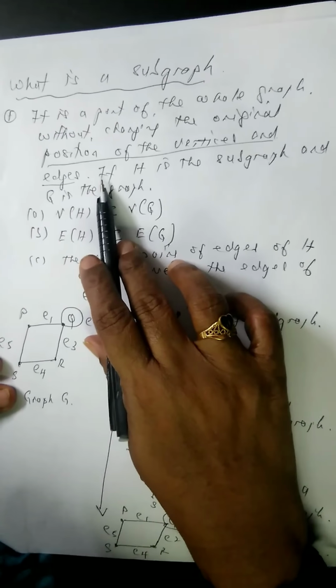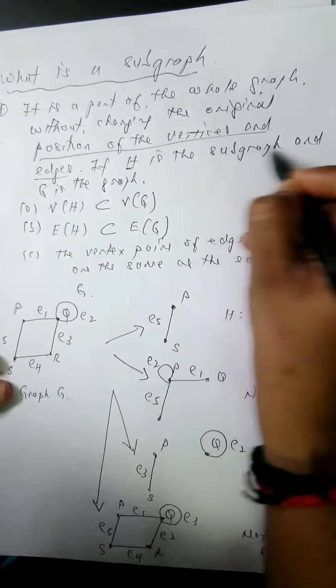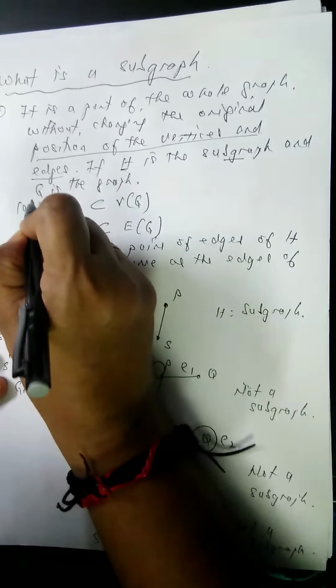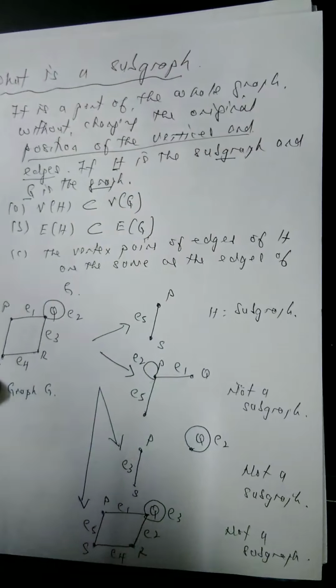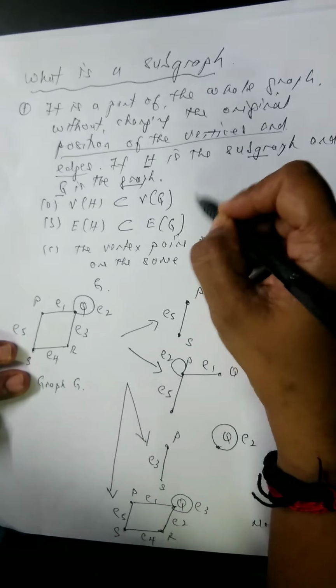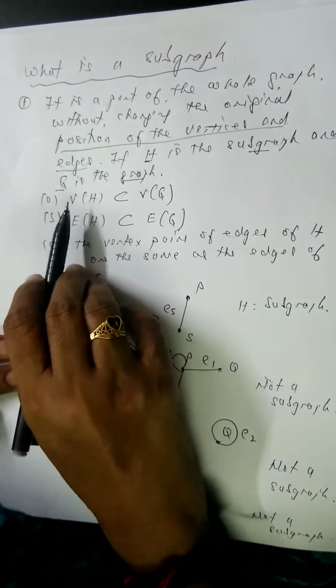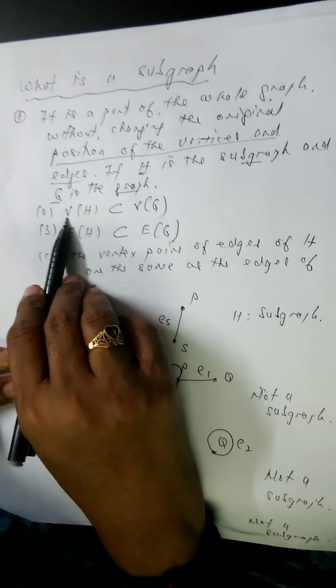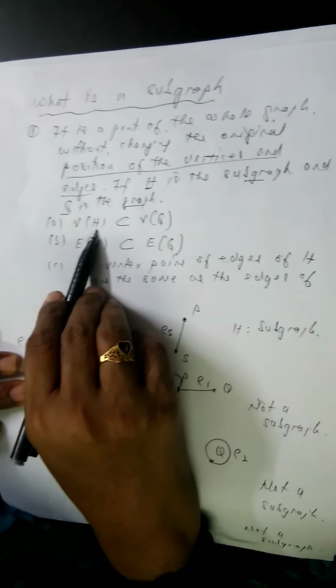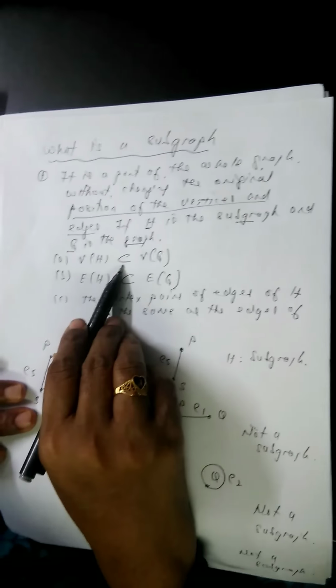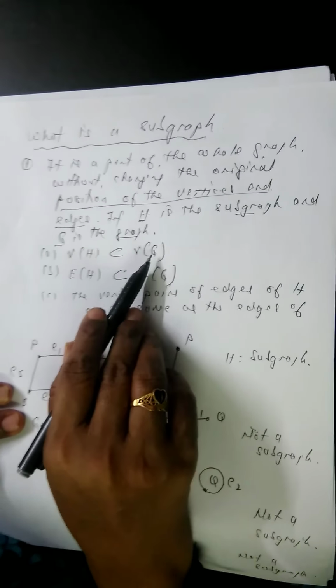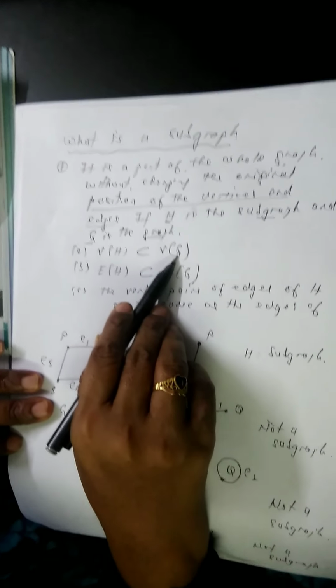If H represents a subgraph and G is the graph, these are the conditions that will apply. The vertices of your subgraph are a subset of the vertices in the actual graph.